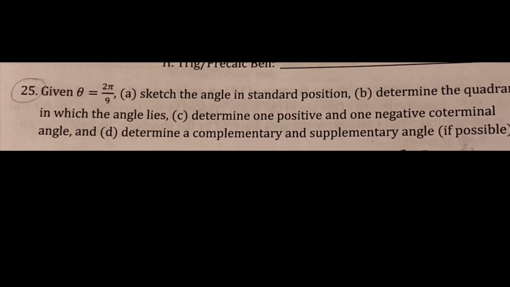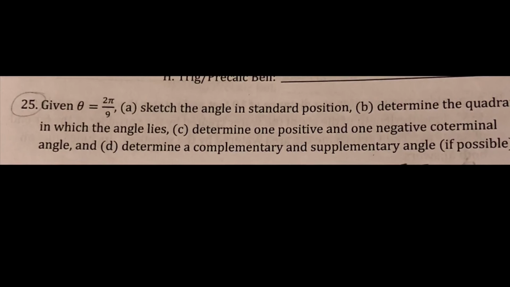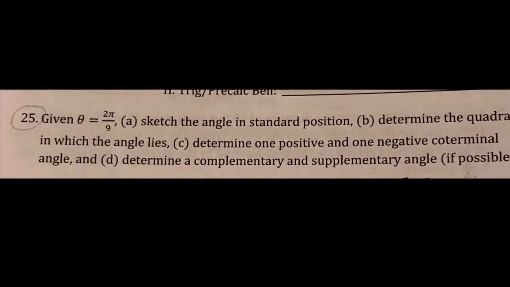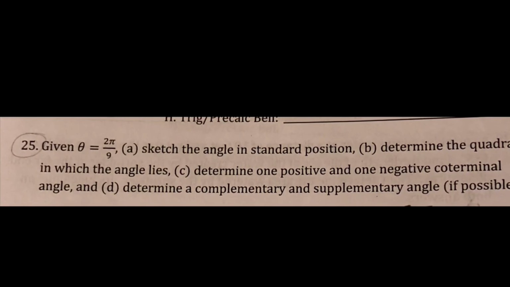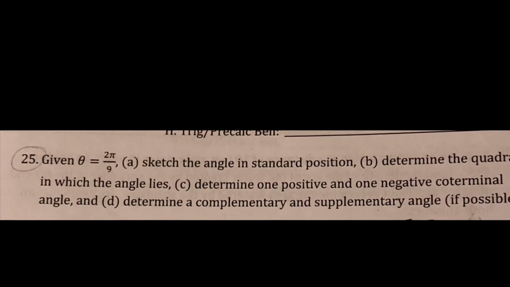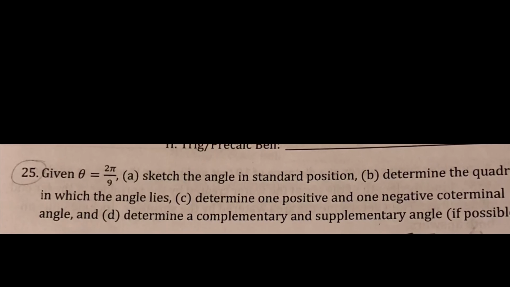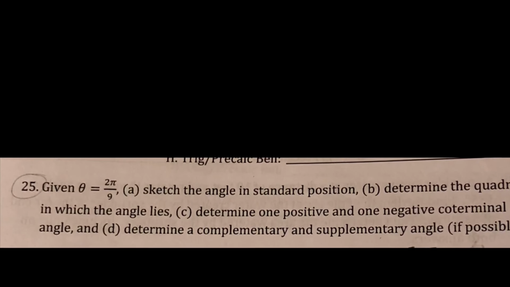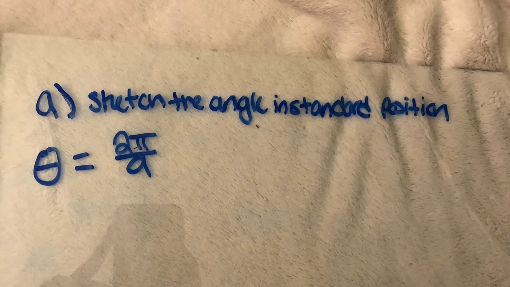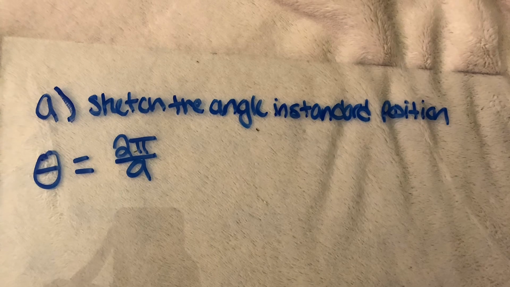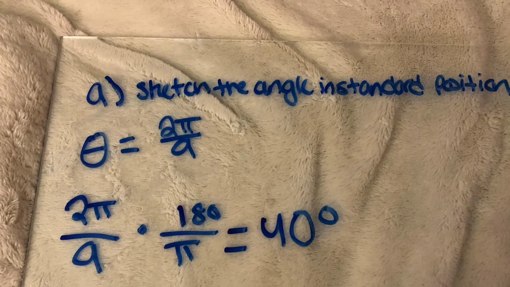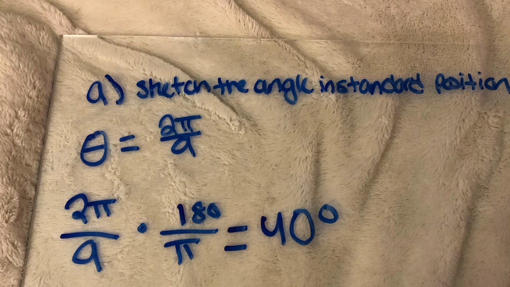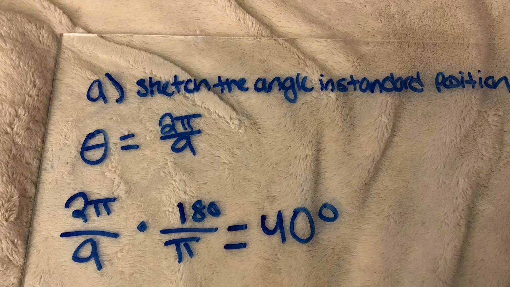The next question states, given theta equals 2 pi over 9, A, sketch the angle in standard position, B, determine the quadrant in which the angle lies, C, determine one positive and one negative coterminal angle, and D, determine a complementary and supplementary angle if possible. So the first part says, sketch the angle in standard position. I turned the radians into degrees to make it easier for me to find the angle.